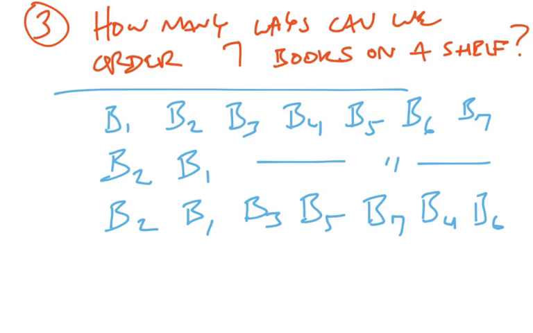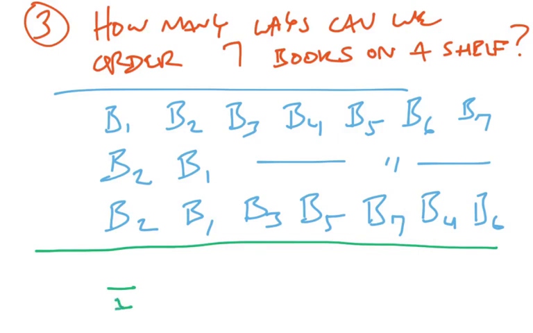So one way we can think about this is, if you just want to think about any old ordering of books on the shelf, let's say that that's spot 1, and that's spot 2, and 3, and 4, and 5, 6, and 7 on the shelf. So we have 7 open spaces on the shelf.